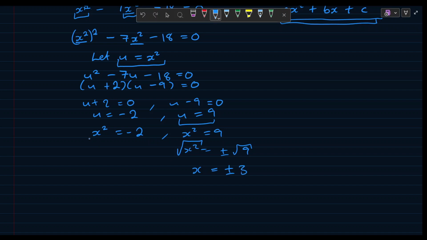If we look at x squared is equal to negative 2, we have a bit of a problem here, because if you square any real number, you're not going to get a negative result. If we take the square root on both sides, we get plus or minus the square root of negative 2.